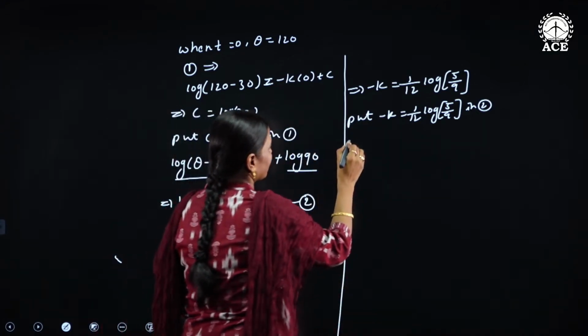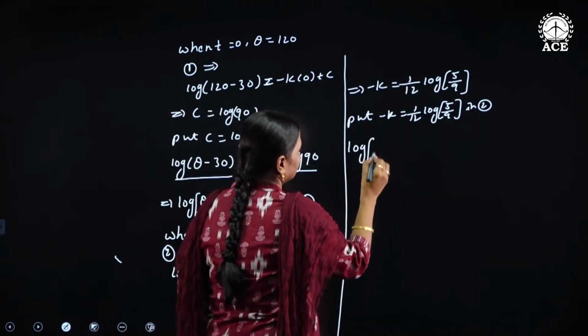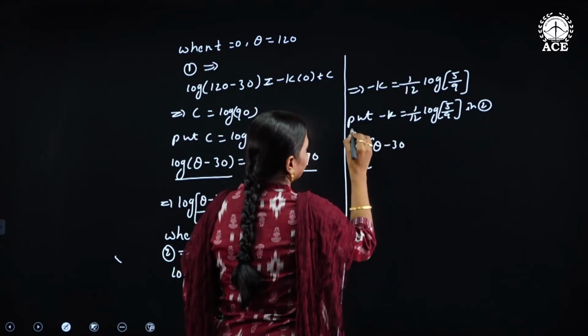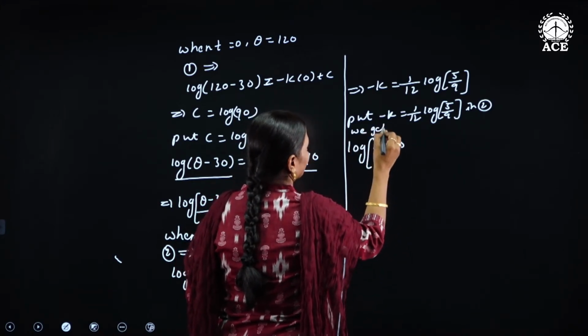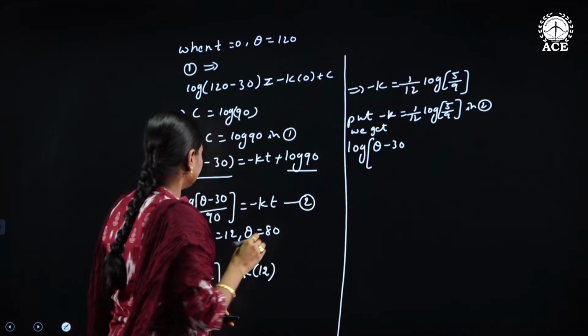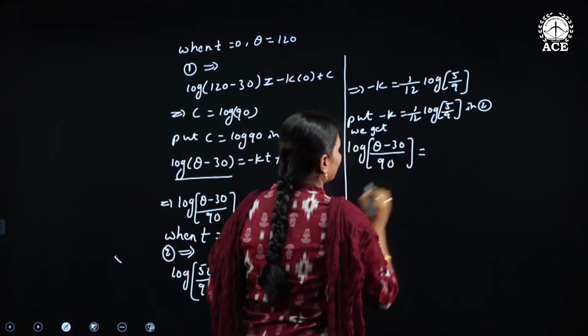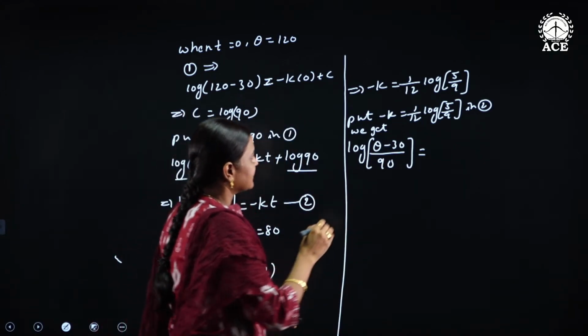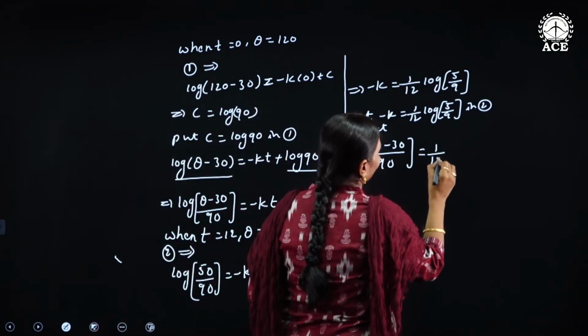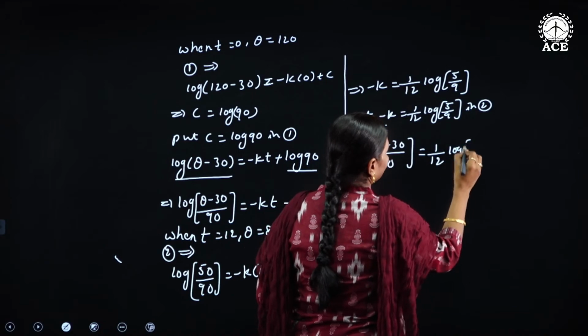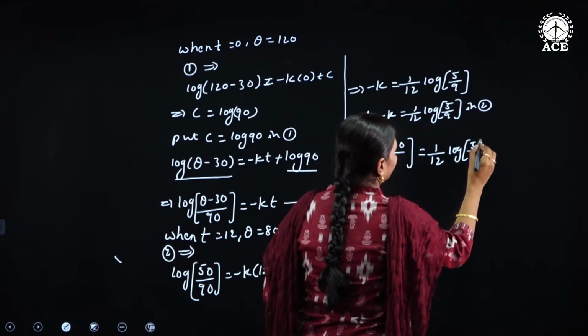So substitute minus k is equal to 1 by 12 into log of 5 by 9 in equation 2. So what is equation 2? Equation 2 becomes log of (theta minus 30) by 90 is equal to, what is the minus k value? Minus k is equal to 1 by 12 into log of 5 by 9 into t.